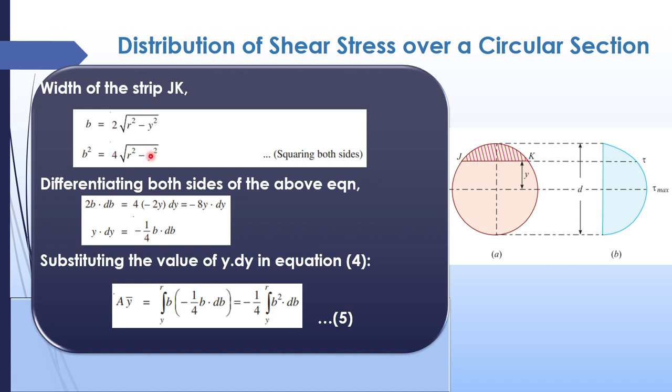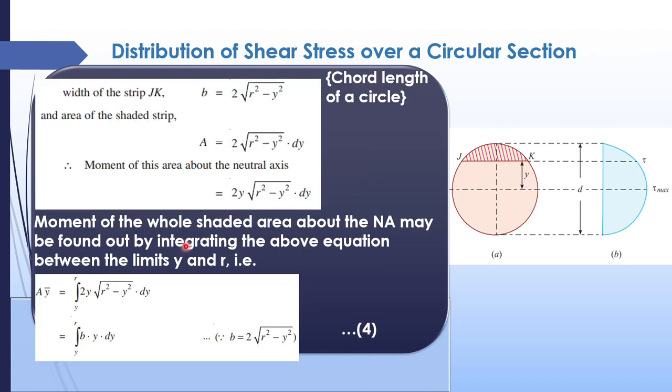While differentiating, you can take r square minus y square, the whole raised to 1 by 2. Then differentiating, you will get 4 into minus 2y dy, which is minus 8y dy. So from this equation you can rearrange and find y dy equal to minus 1 by 4 b db. So here you got y dy.